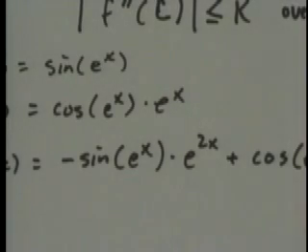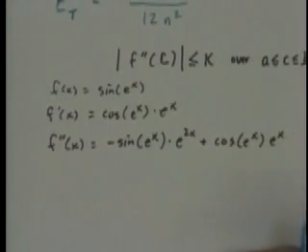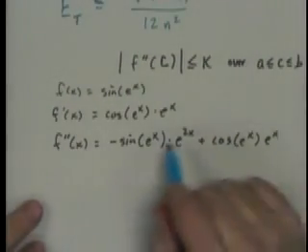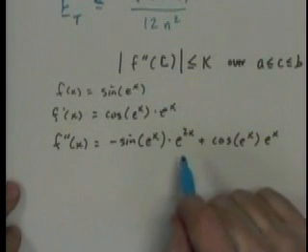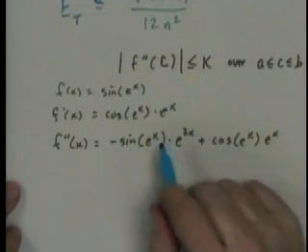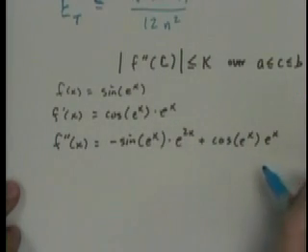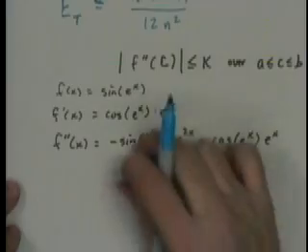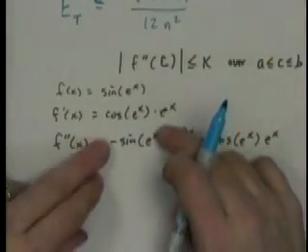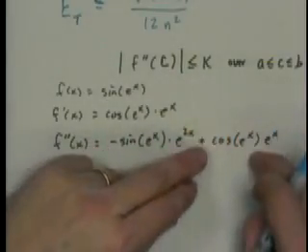what my f double prime is approximately. Now I could have overestimated here, and just what do I know the bound on sine is? Sine's always between -1 and 1. Cosine's always between -1 and 1. So I could have bounded these and said the biggest this gets is going to be 1.